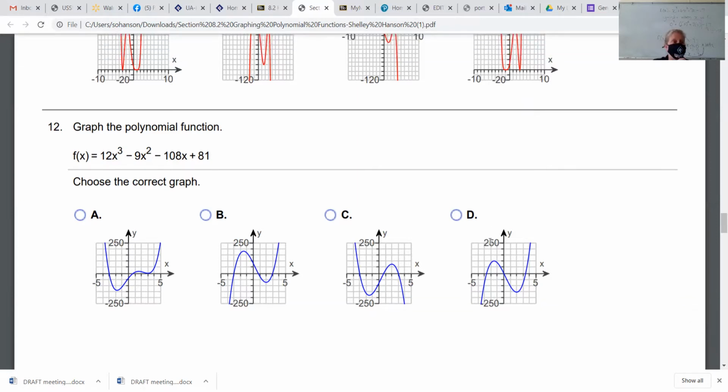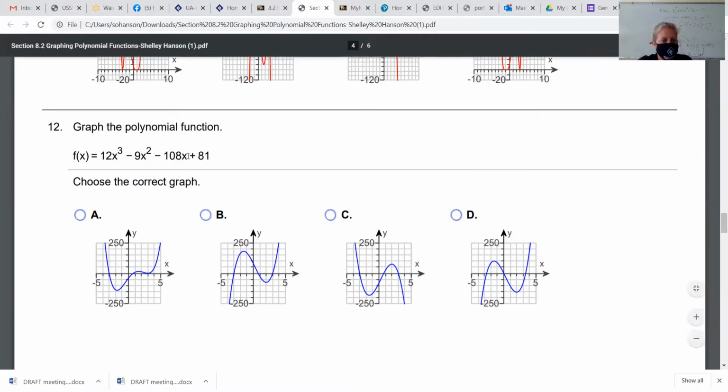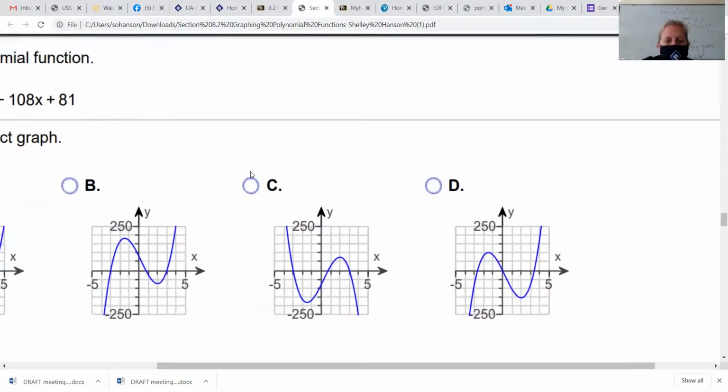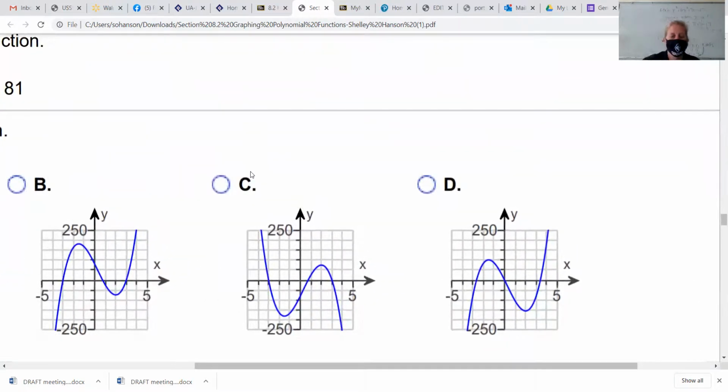So now let's go to y-intercept. So remember, if I put zeros in for all these x's, the only thing that's going to be left over is this positive 81. So let's look at B and D and see which one crosses the y-axis at 81. Well, looking at B, I see it crosses in the positive something, right?